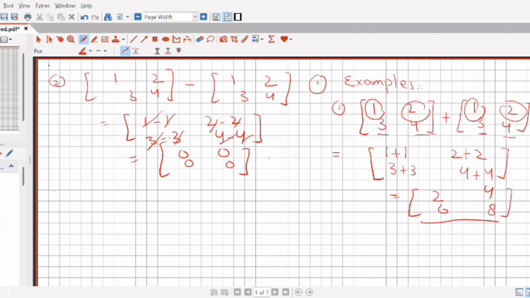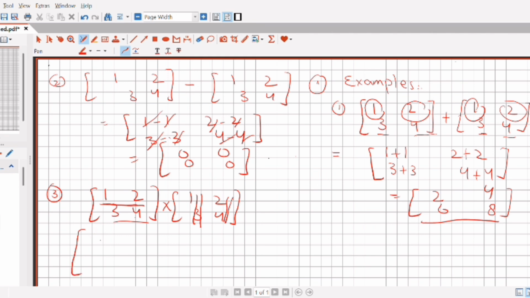Now we see how we can multiply matrices. These are both 2 cross 2 matrices, so we can multiply. The first row multiplies with the first column, the first row with the second column, then the second row with the first column, and the second row with the second column.